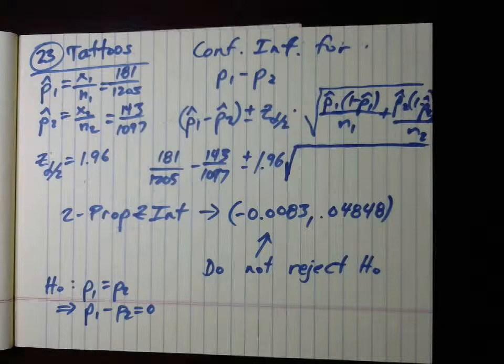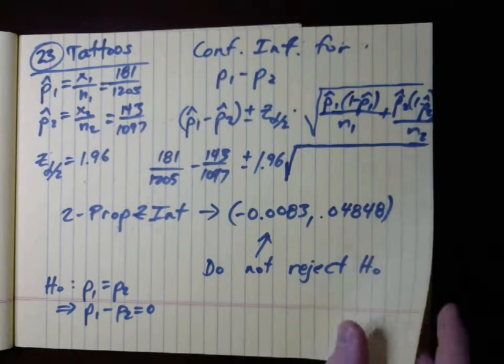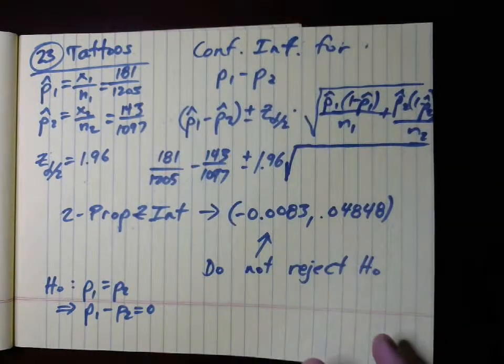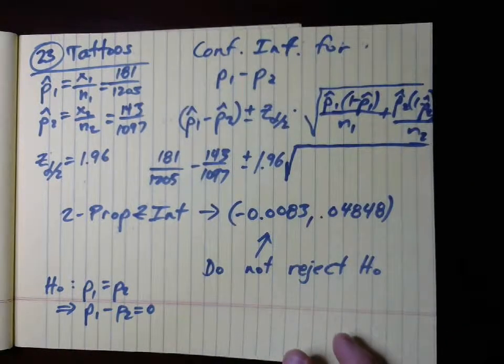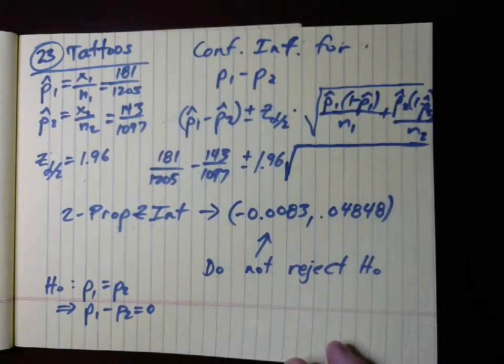So those are kind of weird interpretations, and you can think about rejecting or failing to reject with a confidence interval. Let's do a straight up hypothesis test.